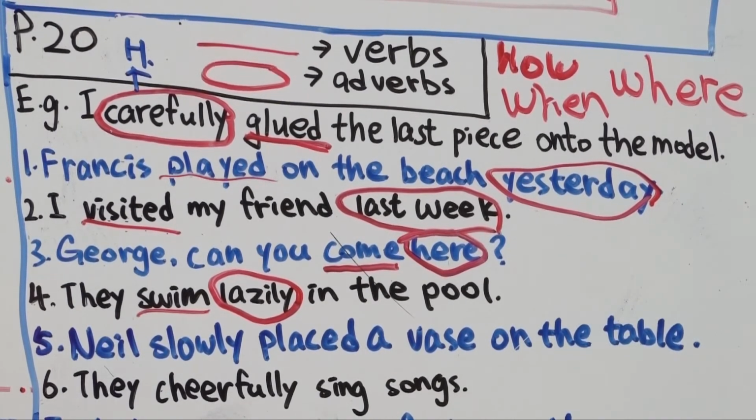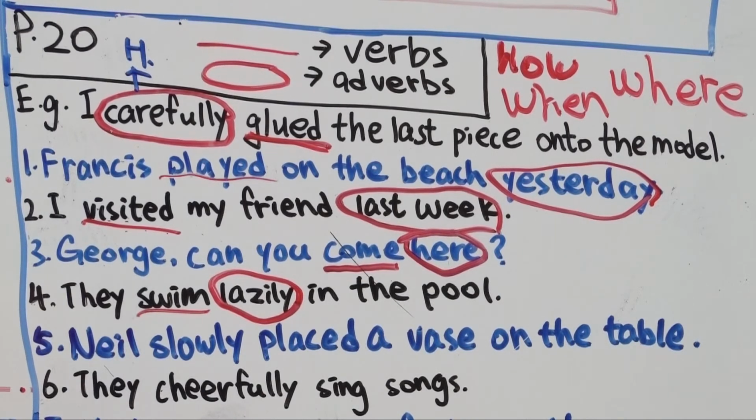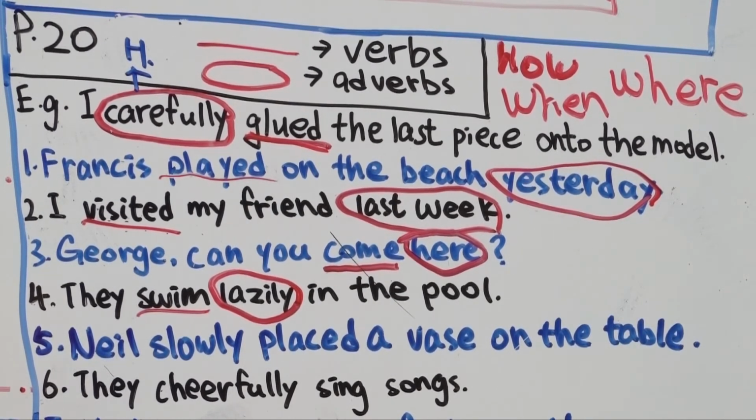Number 5. Let's read. Neil slowly placed a vase on the table. Subject is Neil, right? Which one is the verb here? Is slowly a verb? Is it an action? How did Neil do this action? He placed, right? So placed is the action.